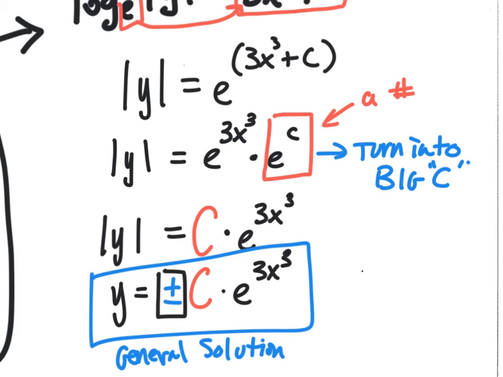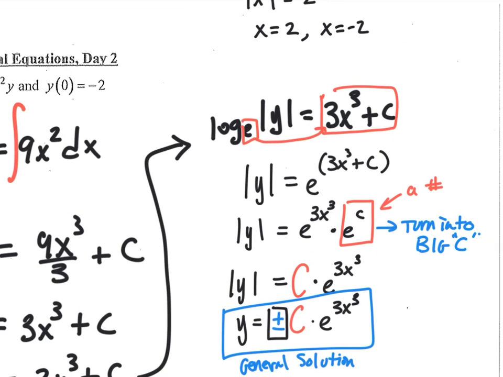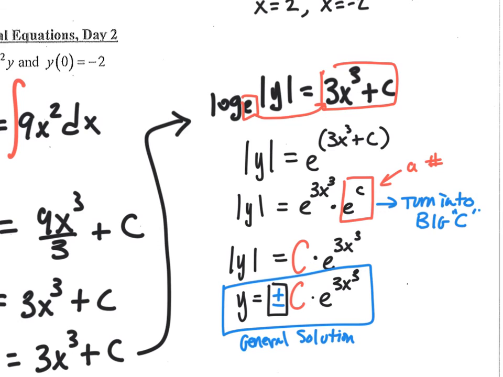And now what I want to do is I want to look at my initial condition, and I go, okay, if I plugged in, say, 0 for x, and I get a negative y value, which is negative 2, okay, then we need to figure out which one of these, are we going to do the plus sign or the minus sign that's in front of our big C, okay?